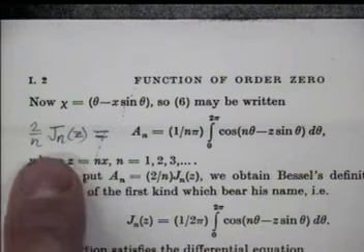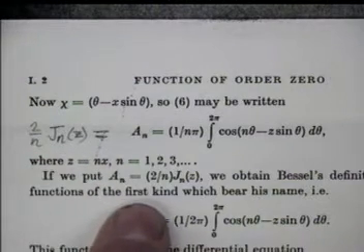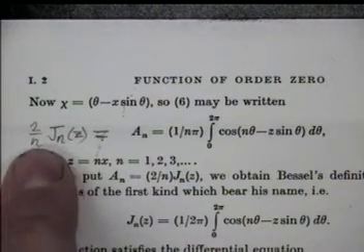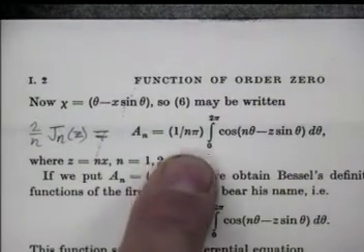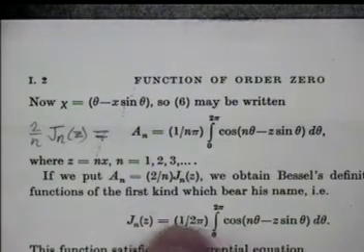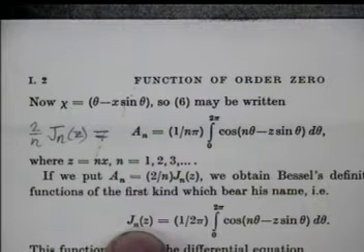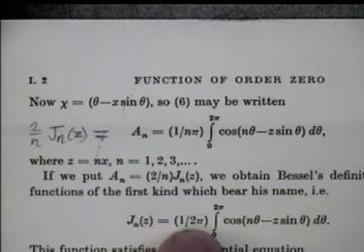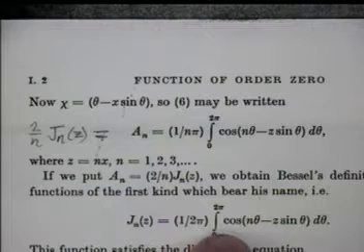So we're replacing a_n with this term. At that point, now we're going to move the 2n to the other side, and it becomes J_n of z equals 1 over 2 pi times the integral.